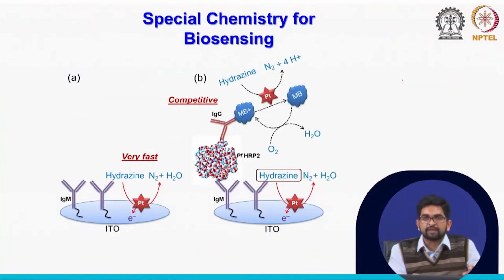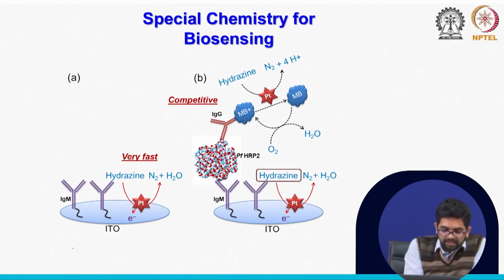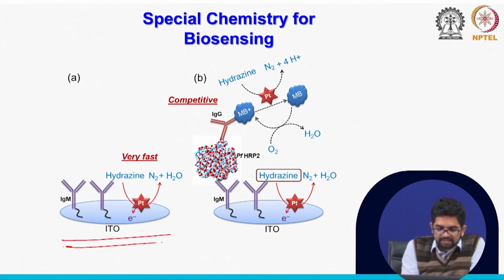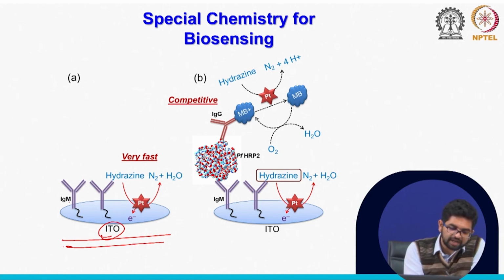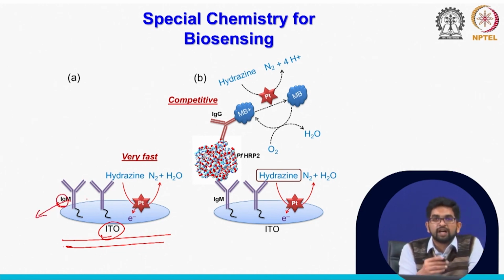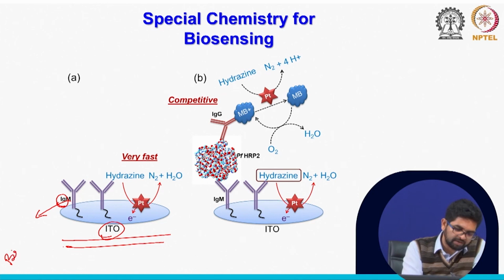So, how are we developing this special chemistry for biosensor development? Let's say this is a sensor surface, like an indium tin oxide coated sensor surface, where we immobilize the antibody. Here we use IgM, like you know, IgG, IgM. This is also a bioreceptor, just a bioreceptor.